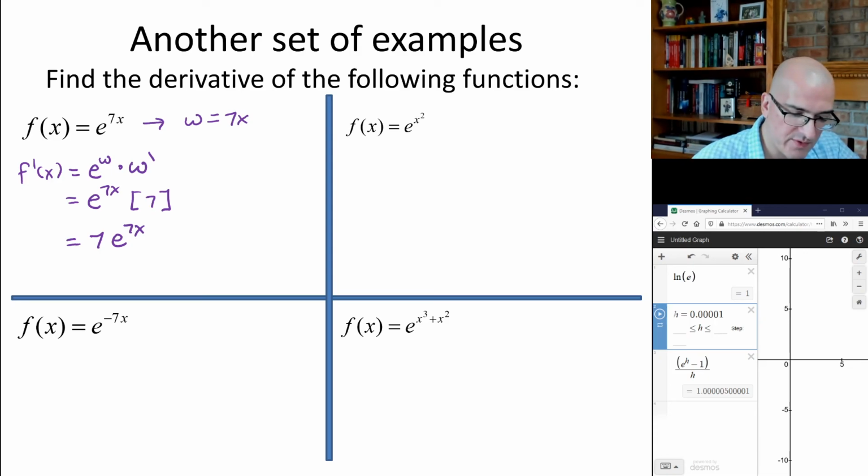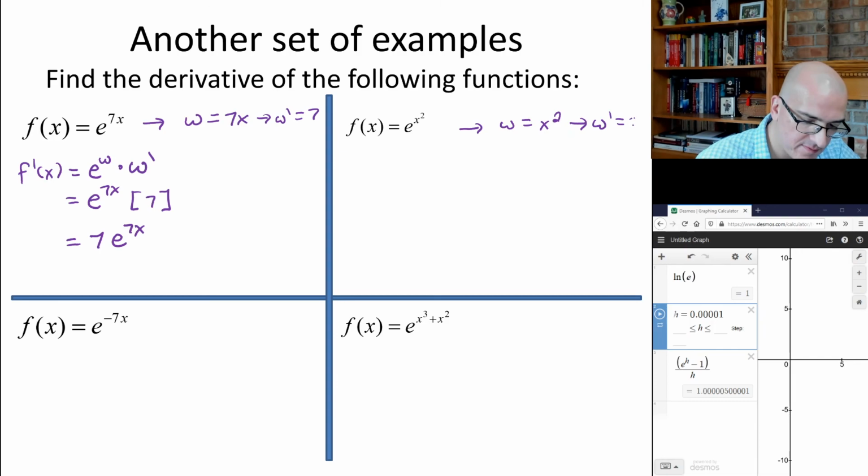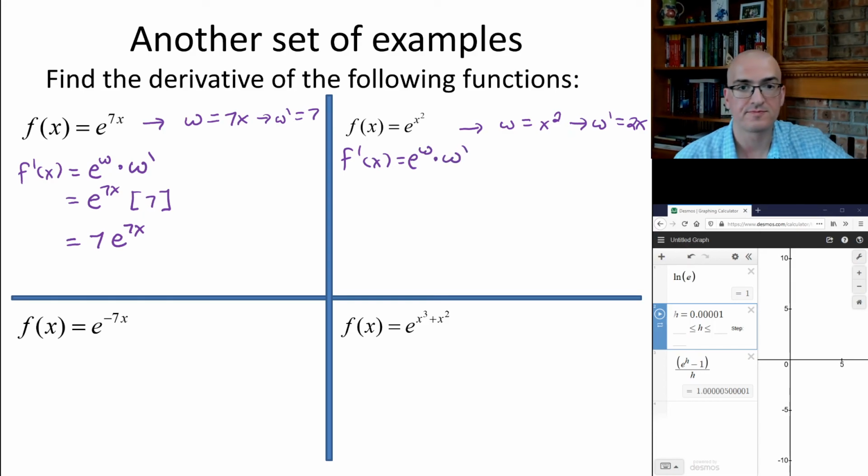Next example, right-hand side on top, w is x squared here. So w prime is 2x. We'll need that. When we take the derivative, we'll have e to the w times w prime. So e to the x squared times 2x.